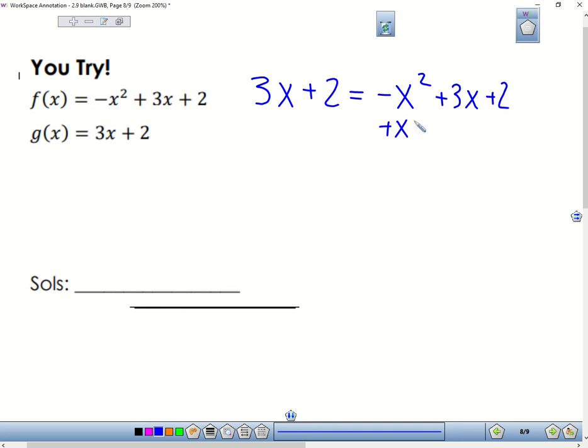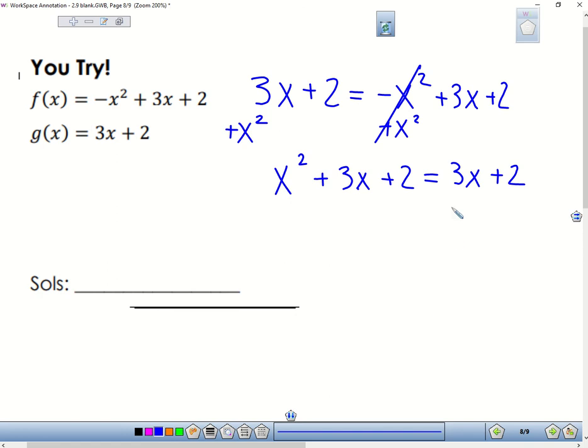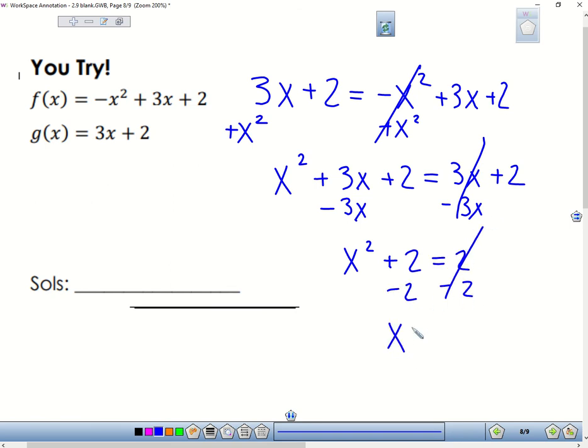So I'm going to add the x squared over to the left. That gives me x squared plus 3x plus 2 equals 3x plus 2. I'm going to subtract 3x on both sides. And then I'm going to subtract 2 on both sides. And when I do that, I'm left with x squared equals 0.